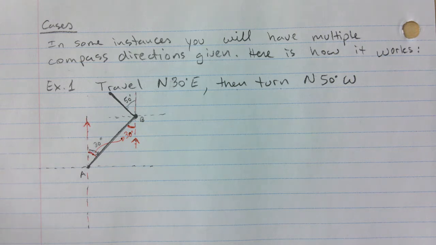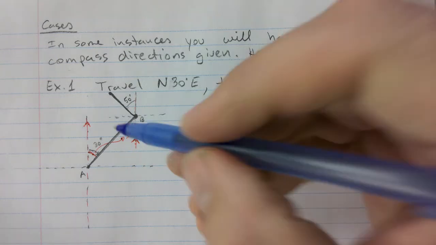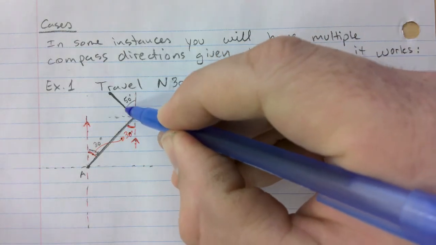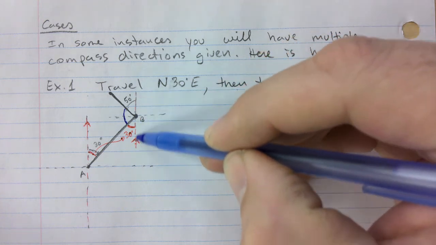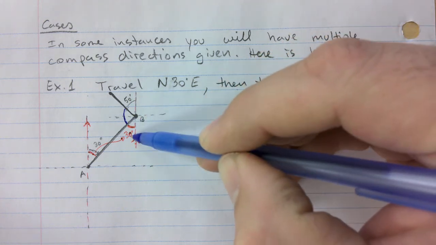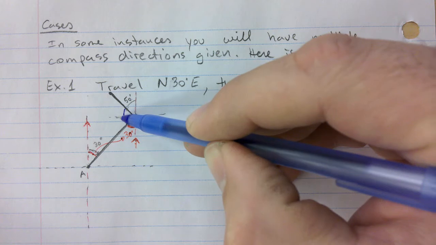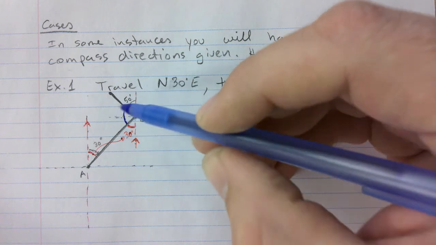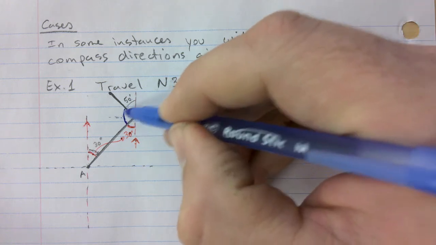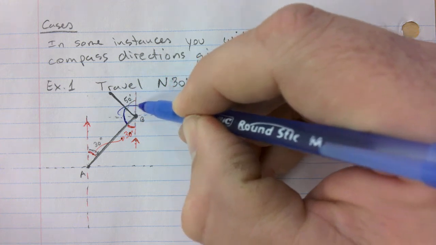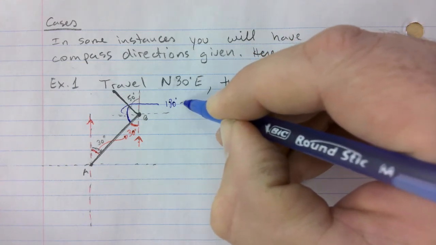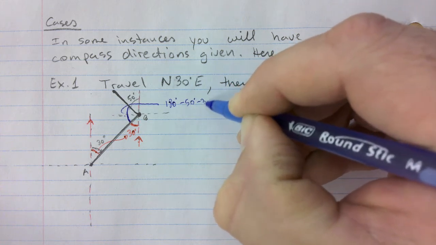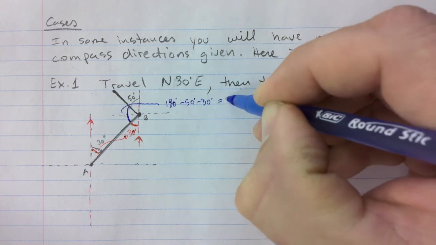And by that reasoning, do you know what this angle is in here? This is 180, right? So 50 and 30, that's 80. So this would be 100. Okay. So I'm going to bring this out here and say that 180 minus 50 minus 30 gives you 100 degrees.